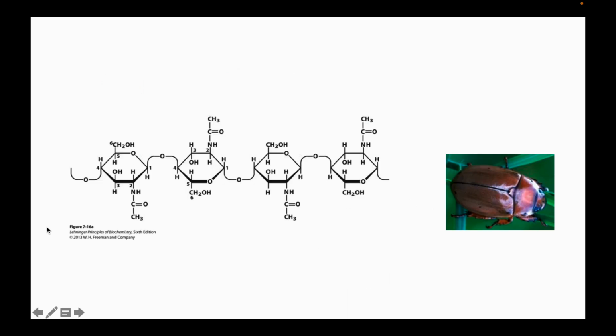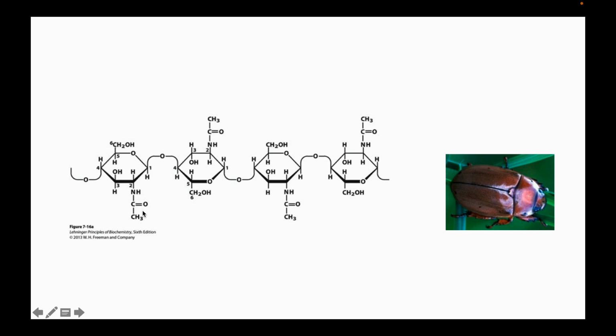The next one we had is chitin. Chitin is also a homopolysaccharide. Chitin is found as an exoskeleton in many insects like beetles and cockroaches. Its unit is N-acetyl glucosamine.